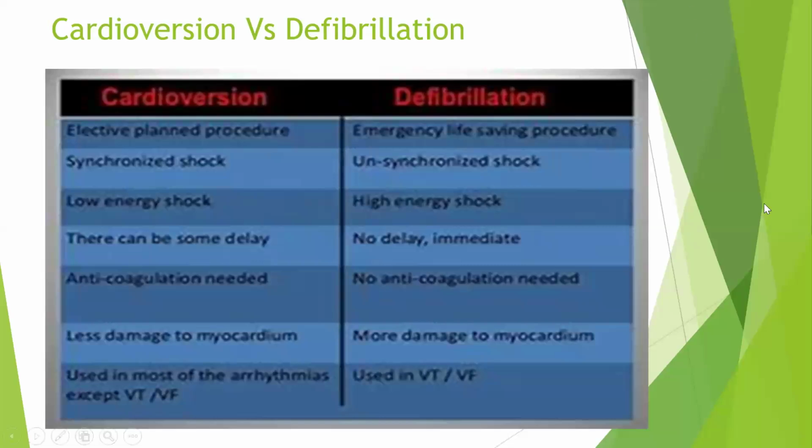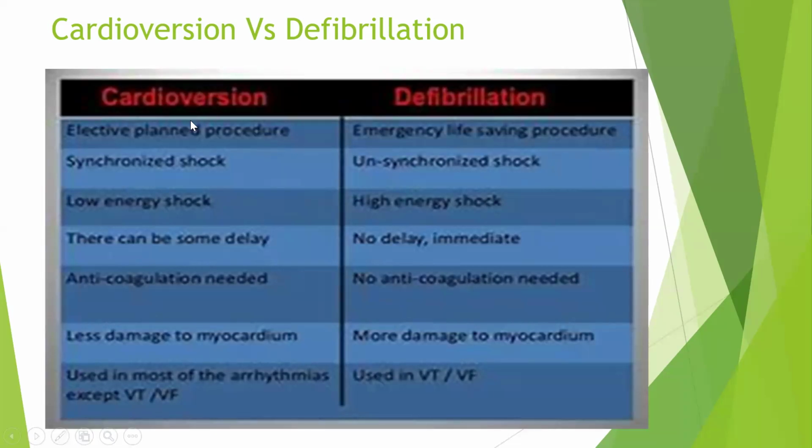Okay, so I mentioned cardioversion and defibrillation. All right, these are some of the common questions I like to ask on this topic, because you need to know when to cardiovert and when to defibrillate. And the processes of doing it also differ.